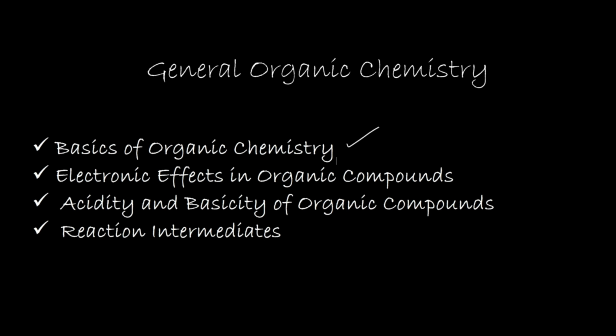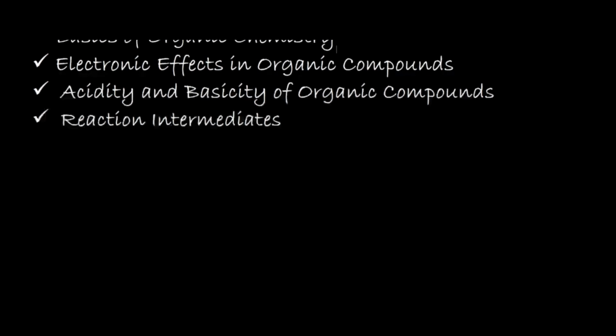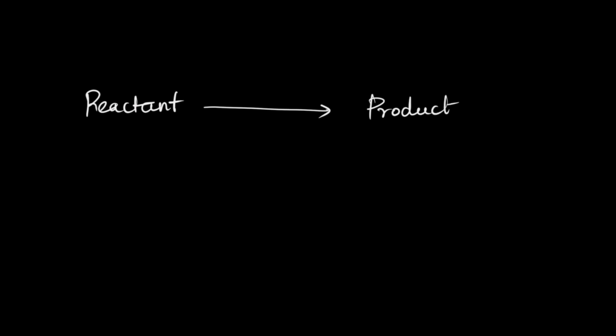So first of all, if a reaction happens, if a reactant is reacting to give products, will that give the product in the initial stage, or will it undergo a series of reactions to give the final end product?